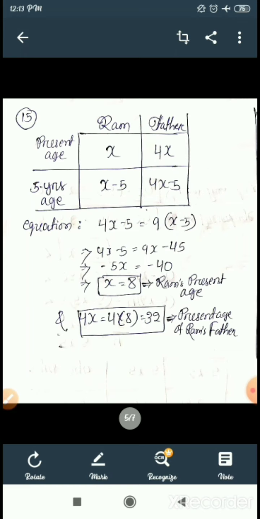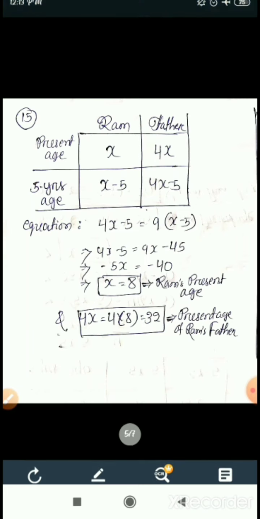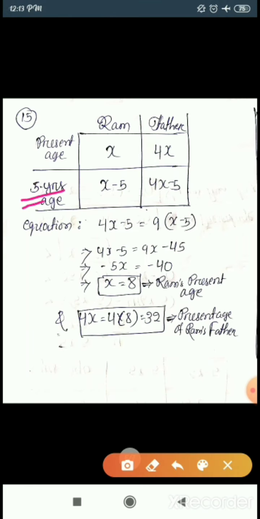Then see the question, 5 years ago. 5 years ago means 5 years before. Write down 5 years before. So before 5 years, Ram's age will be x minus 5 and father's age also will be 5 subtracted from 4x, that is 4x minus 5.